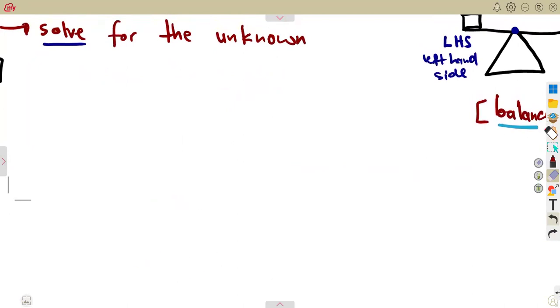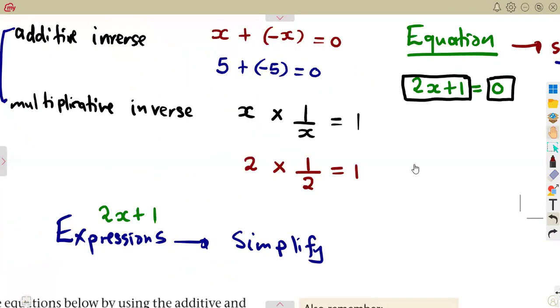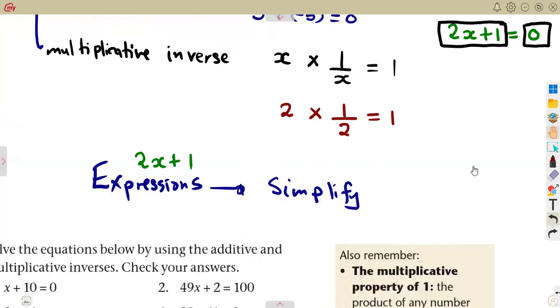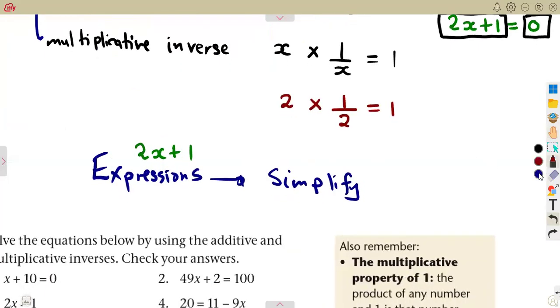Let us consider now the part of the multiplicative inverse. Remember, on the multiplicative inverse, we are simply saying, if you multiply a number and its reciprocal, 1 over x is the reciprocal of this. 2, 1 over 2, the reciprocal, the inverse.